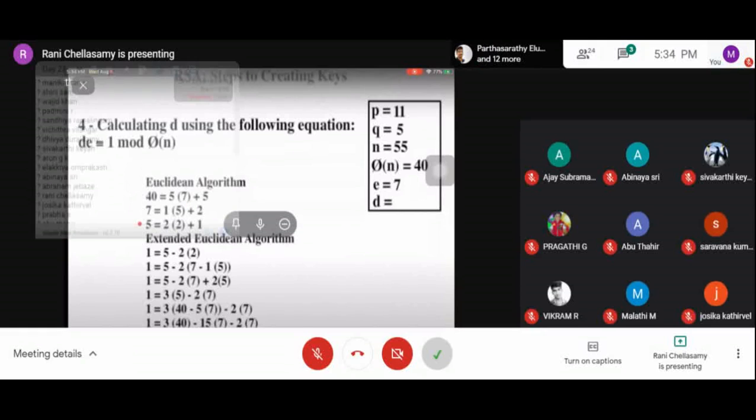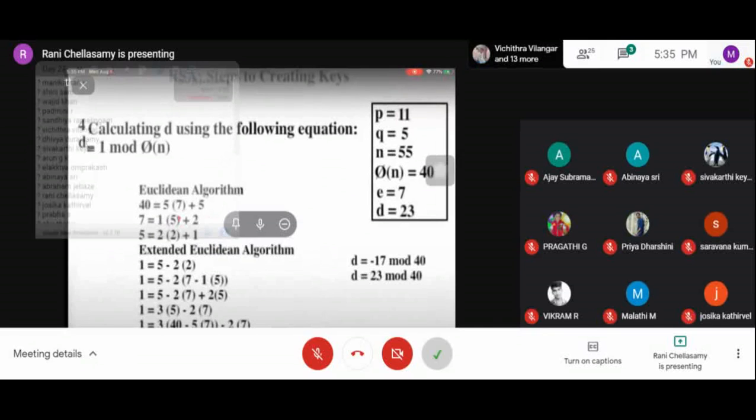So you have to calculate how many times 5 goes into 7. One time it goes, so you put that here, plus the remainder value you are getting, 2. Okay, fine. So whatever value you have within the bracket, you have to take on the left side. So 5 you have to take on the left side.